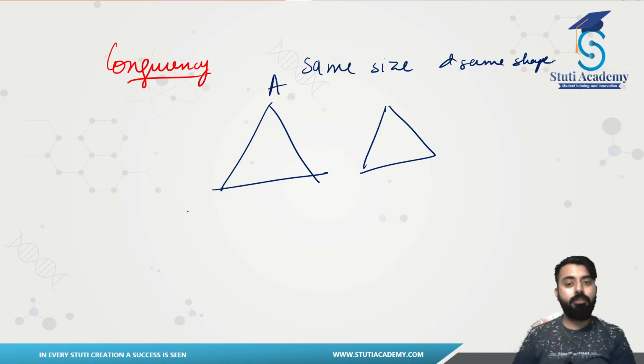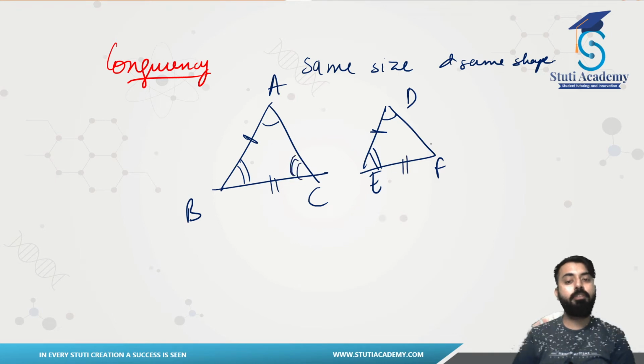If I had these two triangles ABC and DEF, I will call ABC congruent to DEF if AB was same as DE, angle A was same as angle D, angle B was same as angle E, BC was same as EF, angle C was same as angle F, and AC was same as DF. So all these six parts were equal, then you could say that both of the triangles were congruent.